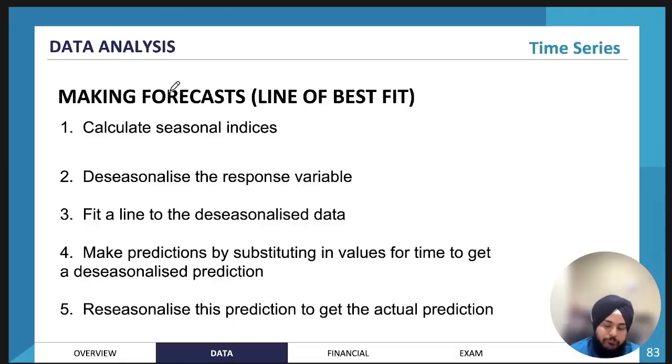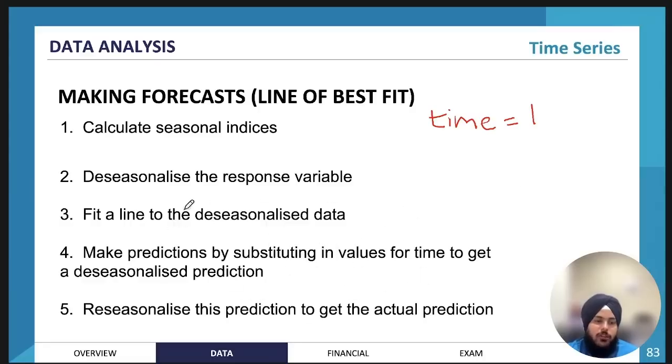For time, it can become a little complicated, but you can say time equals 1 for 2008, for example, if that's your starting point. Just make it easier on yourself. Then make predictions by substituting values for time to get a deseasonalized prediction.